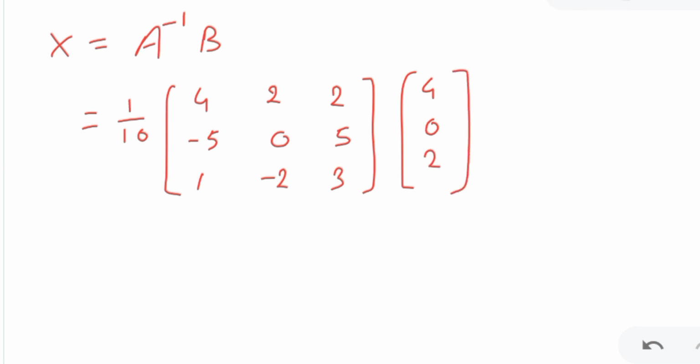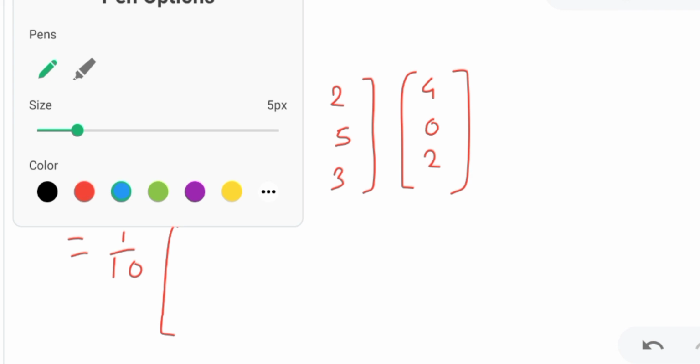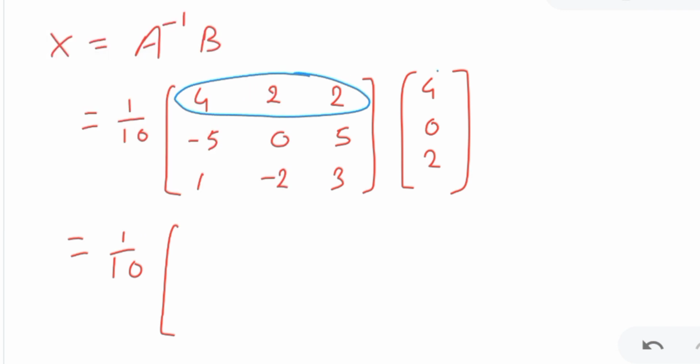You know how to multiply 1 upon 10, and you know how to do the matrix multiplication. The first row with this column, so the element will be 4 into 4 plus 2 into 0 plus 2 into 2.